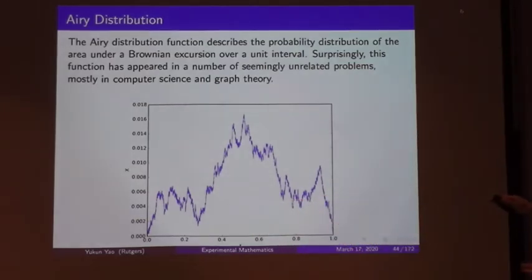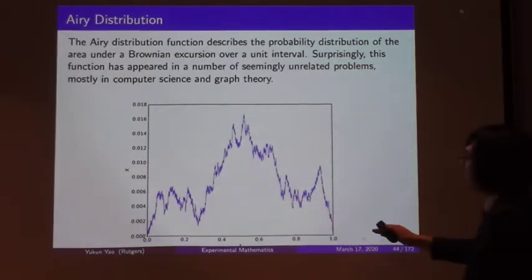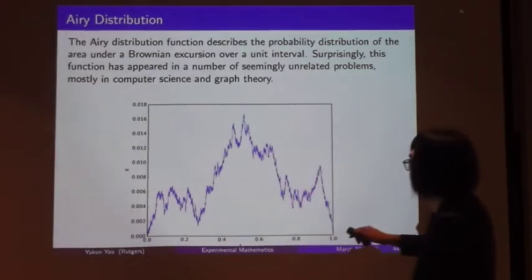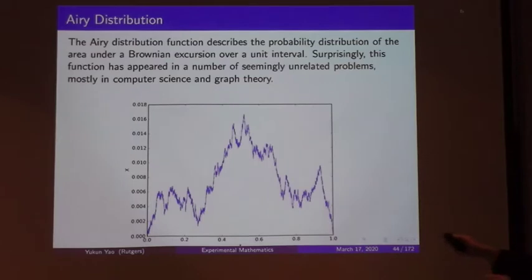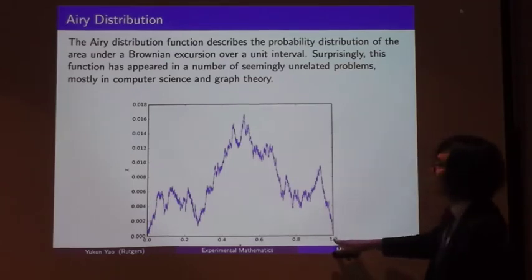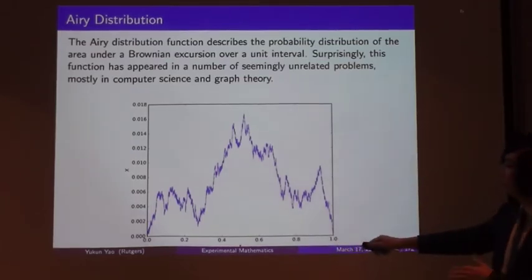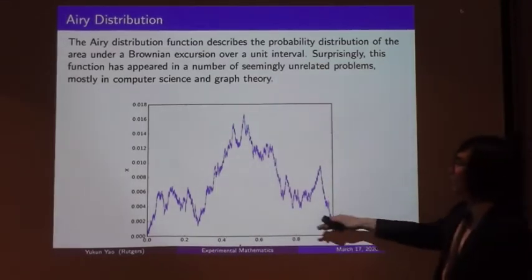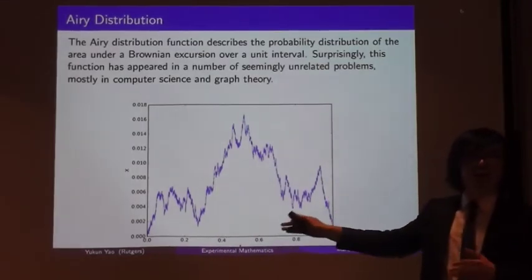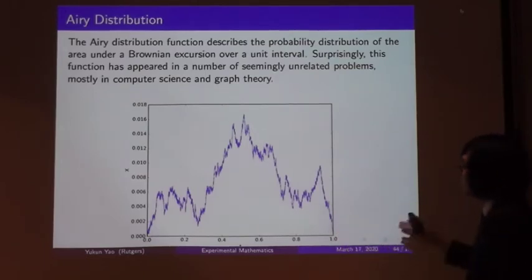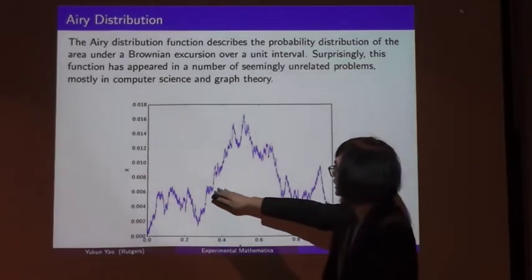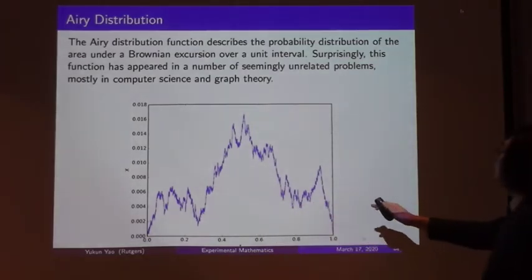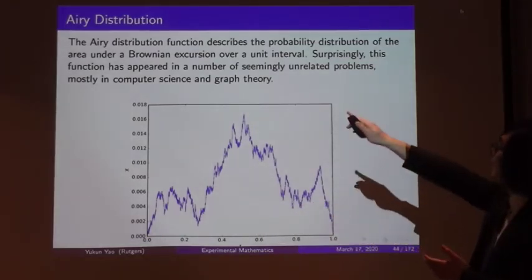A Brownian excursion is a Brownian motion that starts from 0, the origin, and we condition on that it arrives at (1, 0), and between 0 and 1 it always stays above the x-axis. We condition on this, then we consider the area below this Brownian excursion. The distribution of this is called the area Airy distribution.